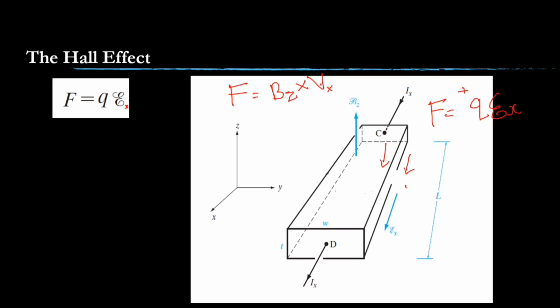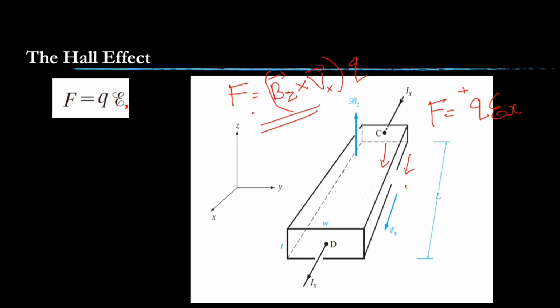What is Vx? Nothing but the velocity of holes in the direction of x, because current is moving in the x direction. The direction of the velocity is always in the direction of x. Times q, the charge, will be there. So this is the force experienced by the hole because of the Lorentz force.